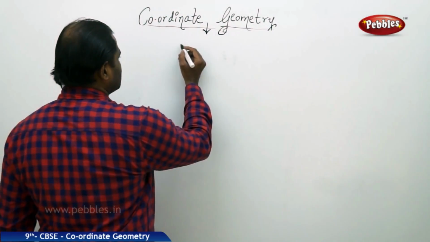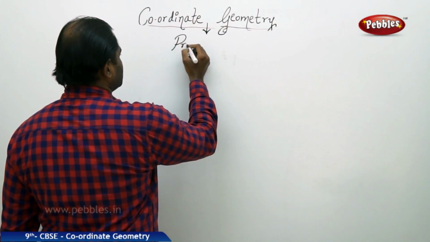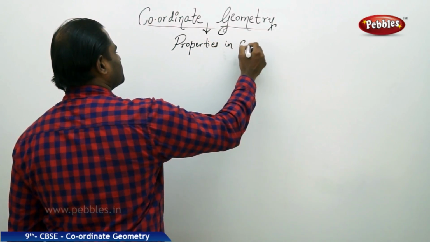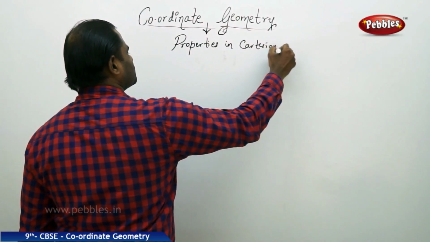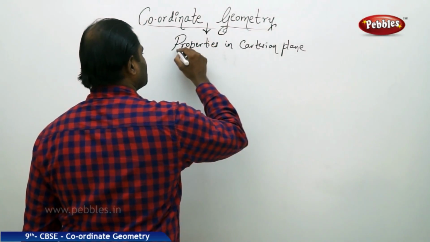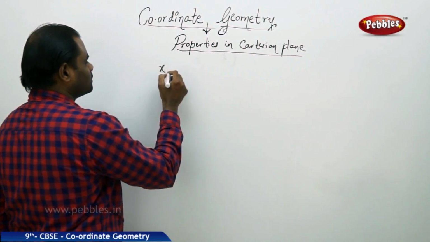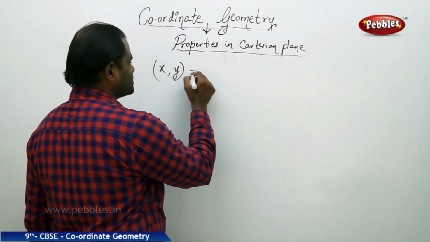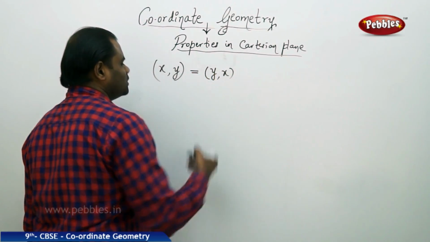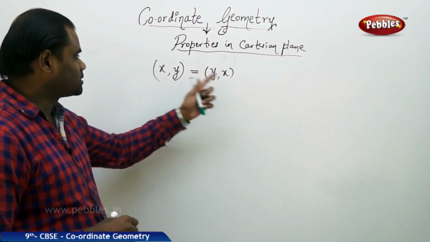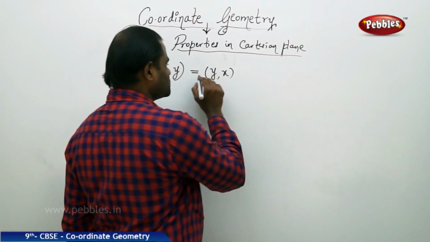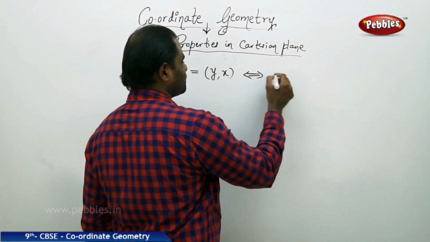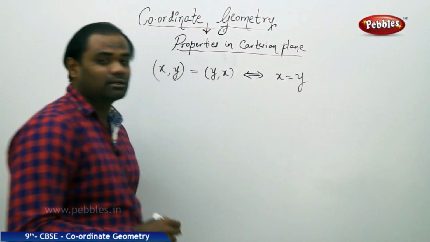Say, for example, let me take the properties. If I take the ordered pair (x, y) as a point and I say this is equal to the Cartesian ordered pair when it's reversed, then this is possible only when x equals y. This is how we understand the property.